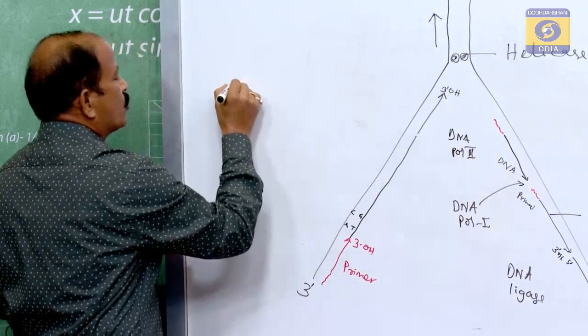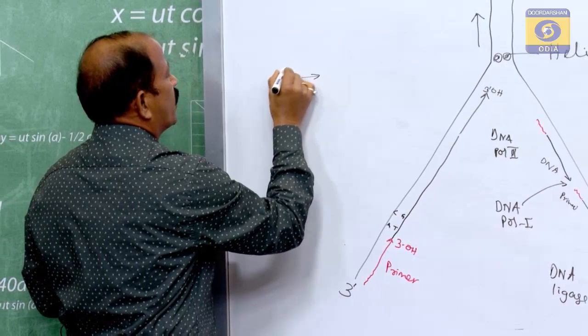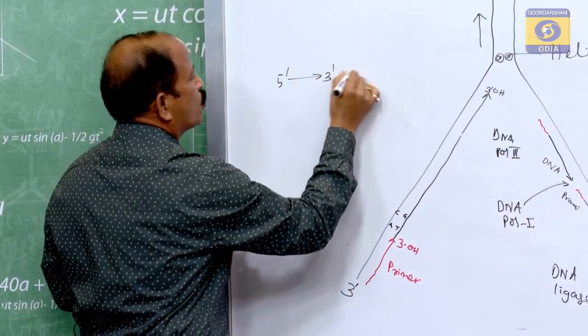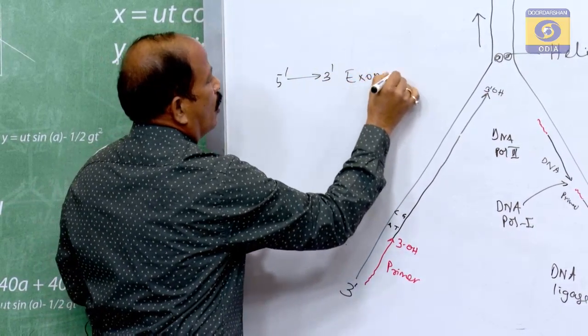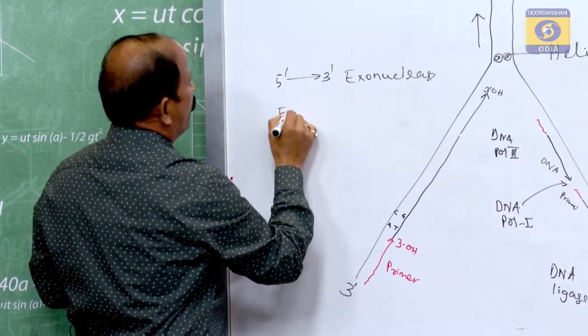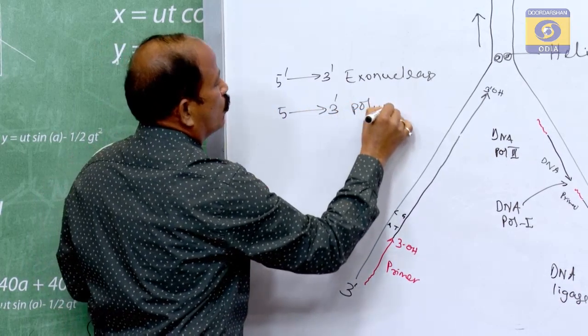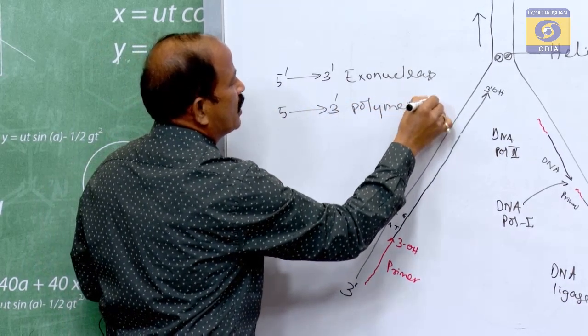This DNA polymerase has 5'3' exonuclease activity, and side by side it is also a 5'3' polymerase. So, it is a bifunctional enzyme.